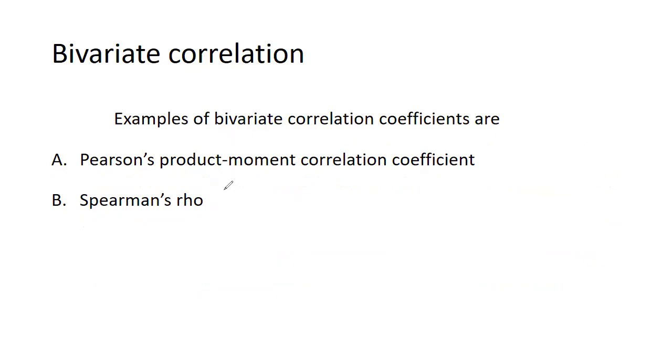Bivariate means two. We are taking only two variables, so we can estimate the bivariate correlation through Pearson's product moment correlation coefficient and Spearman's rho. So there are two methods to check the bivariate correlation between the two variables.